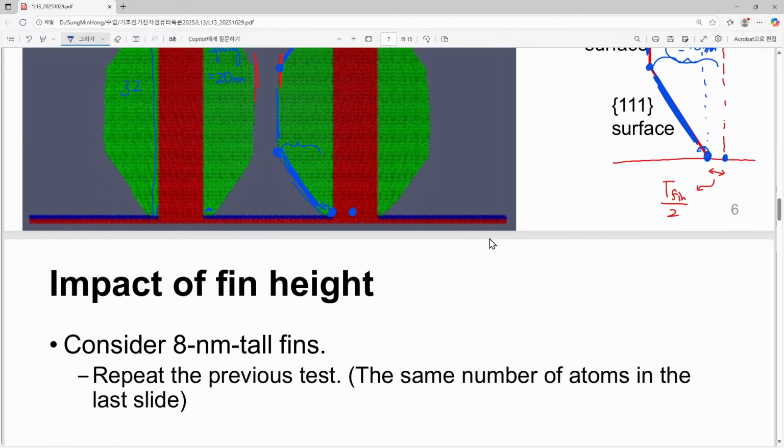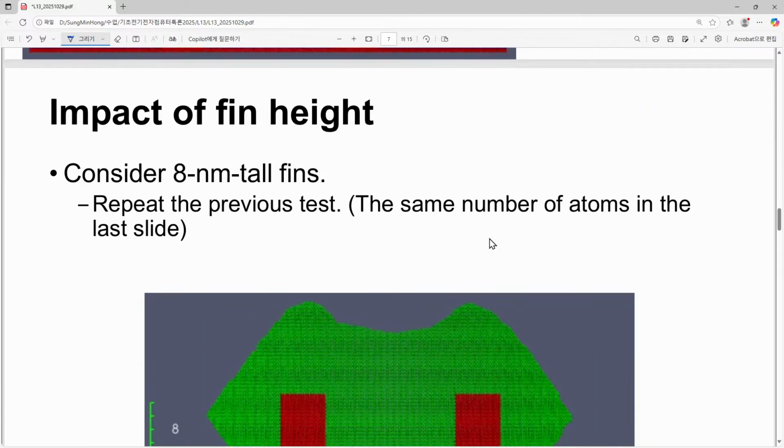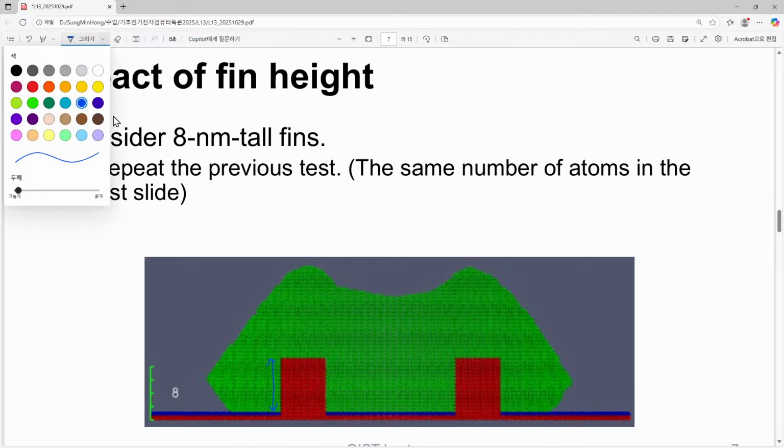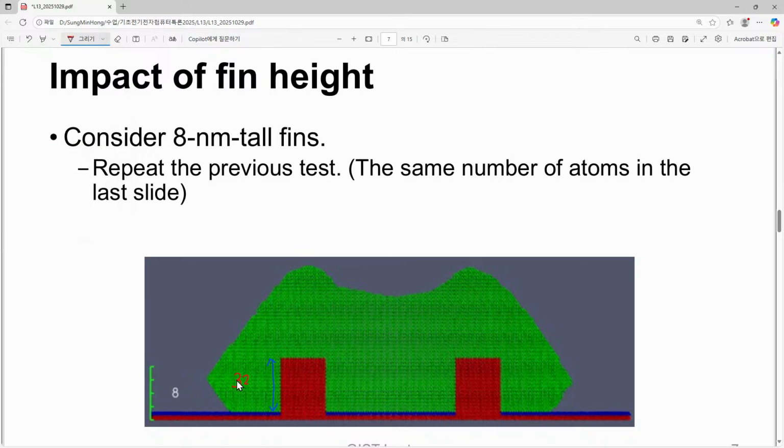I will talk about this topic later in today's lecture. But for a while, just assume that our fin height is not as high as its full height. Instead, say that this is just 8 nanometer. If we start from this relatively short one, then what will happen?